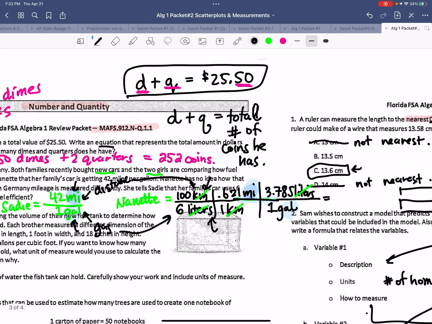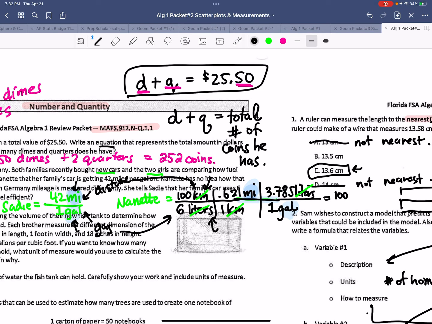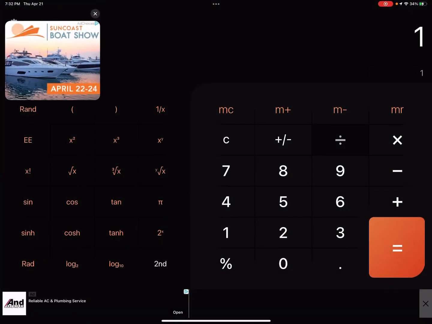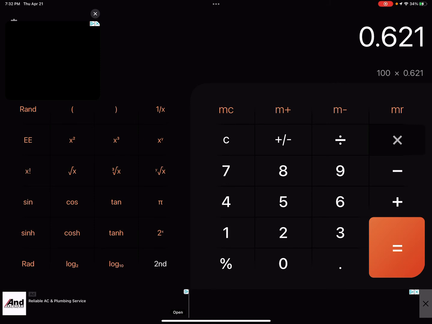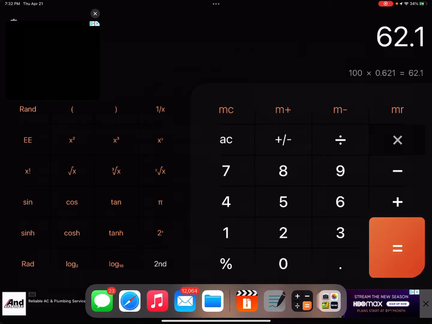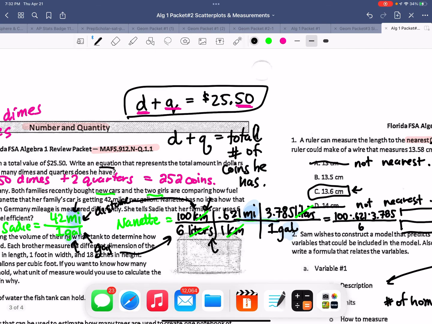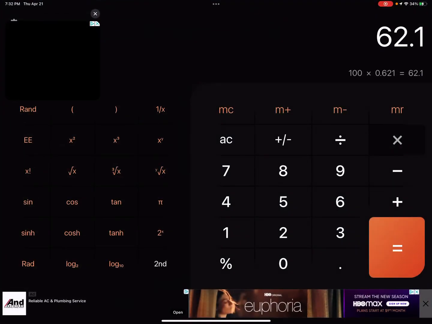So I have to multiply all the numerators. So 100 times 0.621 times 3.785. And then I need to divide by 6. Okay, so let's try all that. 100 times 0.621 times 3.785, enter.